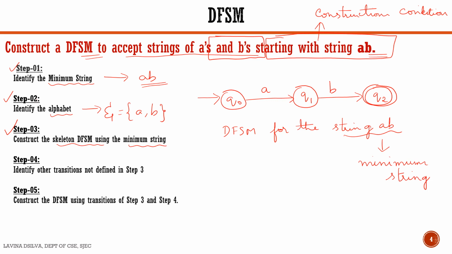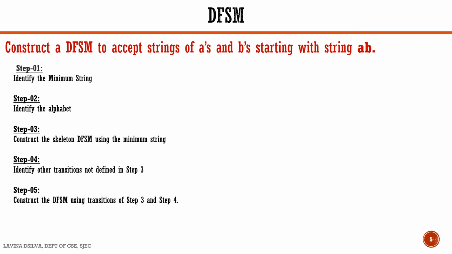In step 4, we have to identify all the transitions which are not defined in step 3. So what are the transitions which are not defined in step 3? We have the DFSM like this, the minimum or skeletal DFSM.